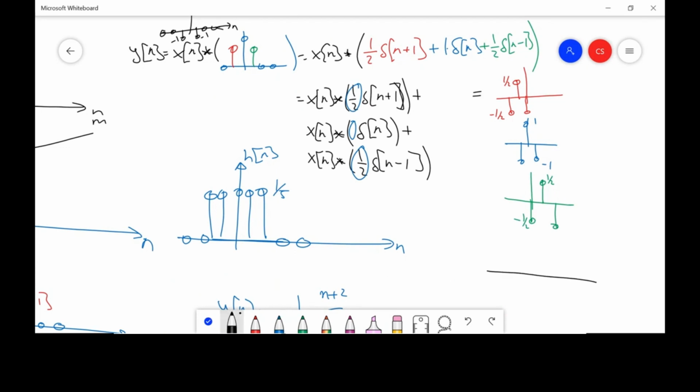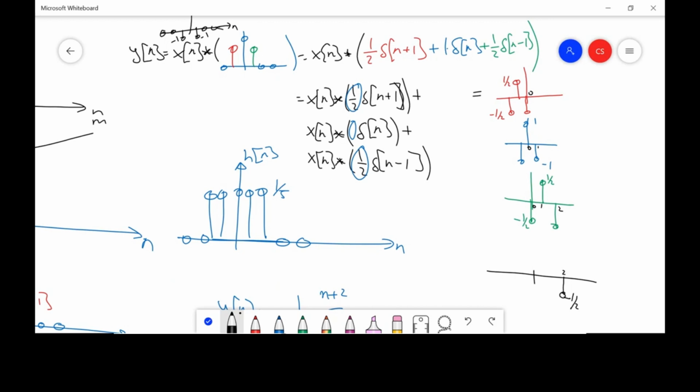So what is addition? Let us look at this sample here. For the first sample, all the rest are zeros, so I will get -1/2. Let us put numbers. So this is location 0, this is 1, this is 2. So at location 2.